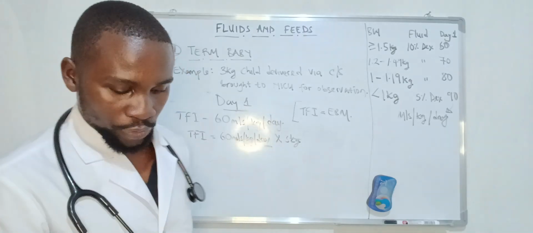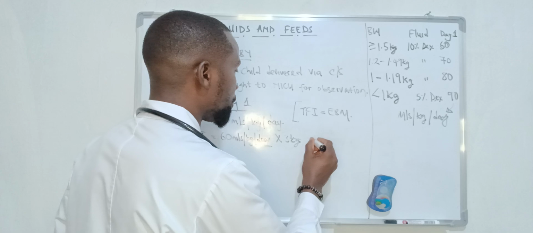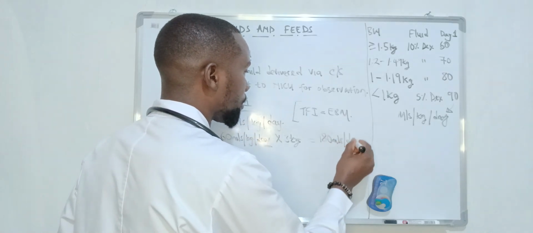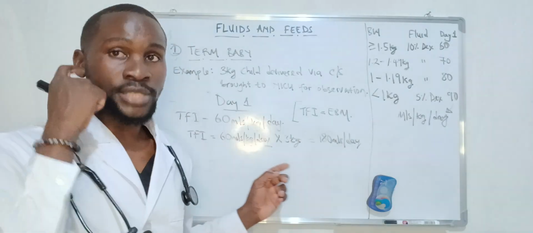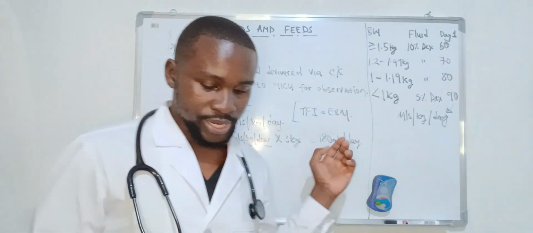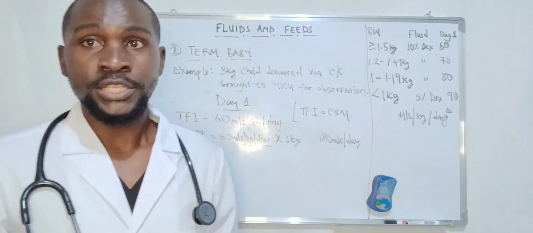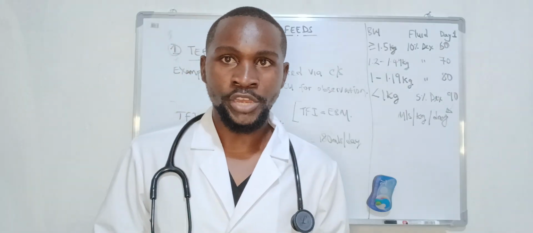So it's 60 multiplied by 3, and we get 180. So this child is supposed to receive 180 meals per day, of feeds. Every day you're supposed to give this child 180 meals per day.